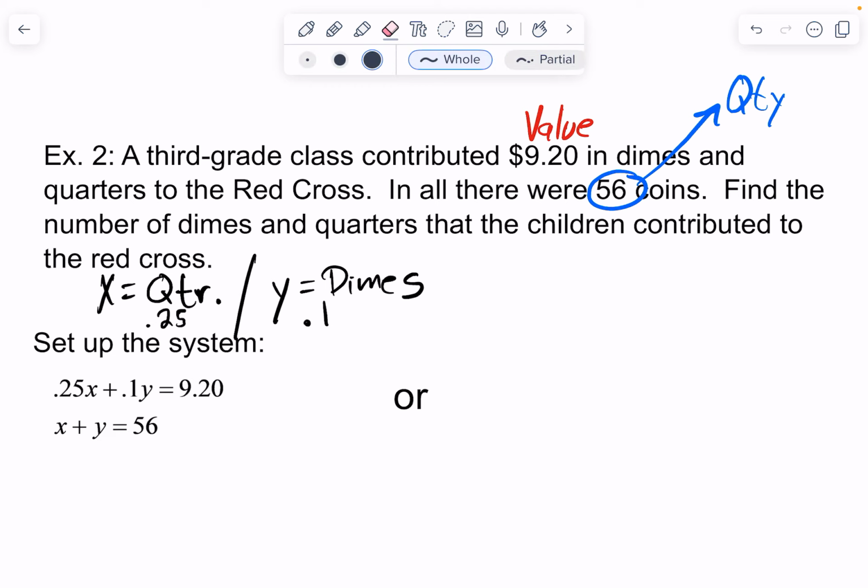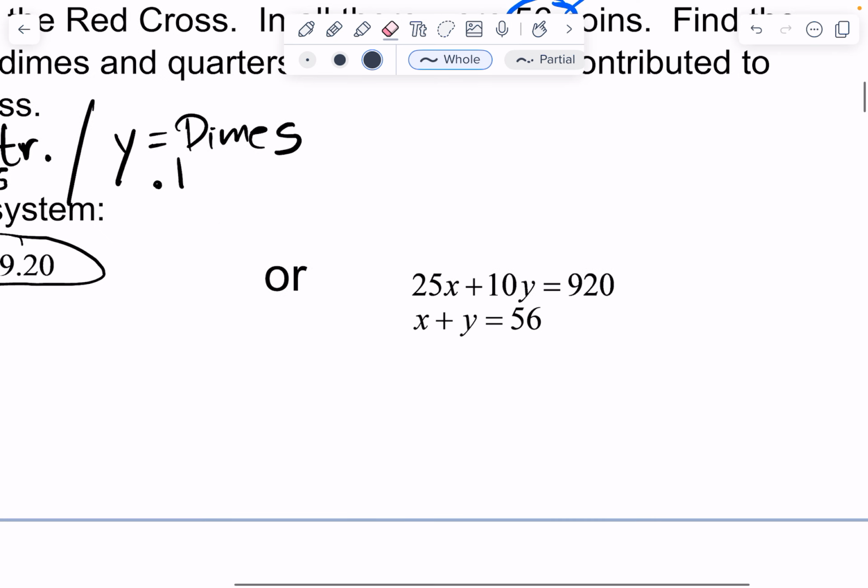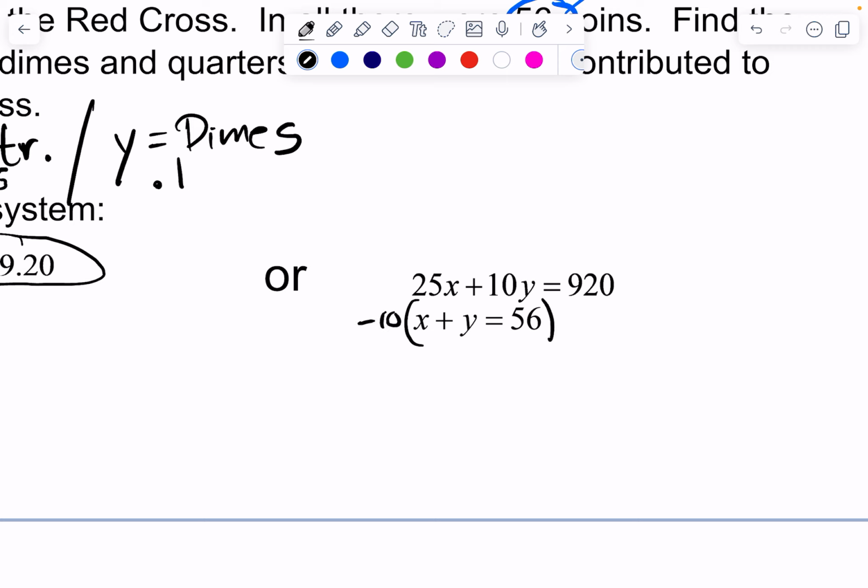So, should have this. I want to get rid of my decimals, so I multiply this top equation by 100. And now we have our system. Let's solve. Me personally, I'm going to go ahead this time and I'm going to eliminate the y. So that's going to give me as follows.